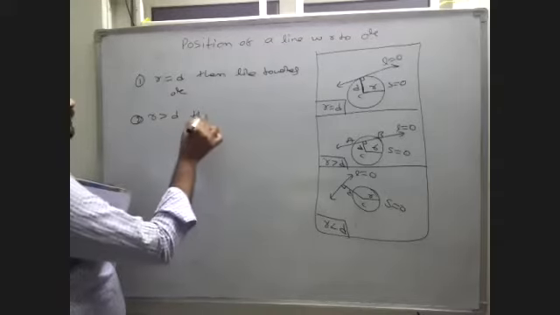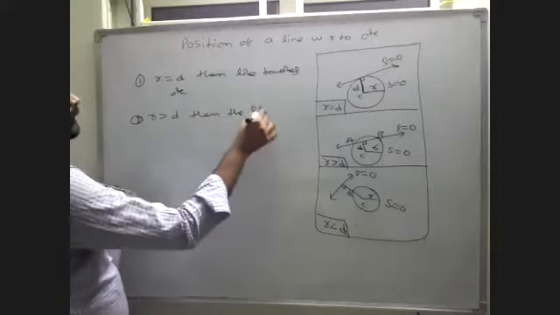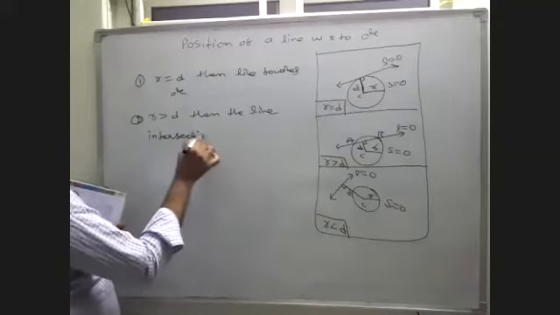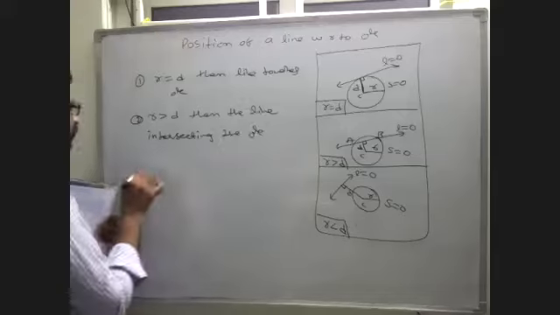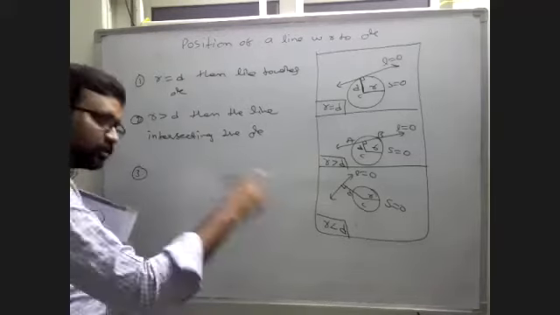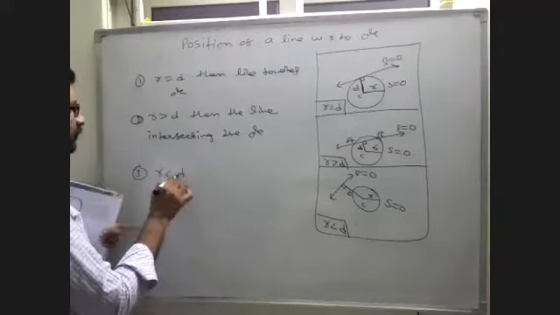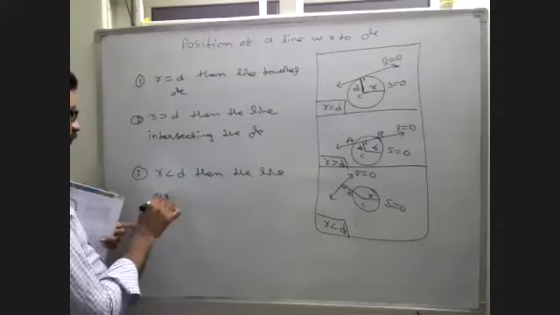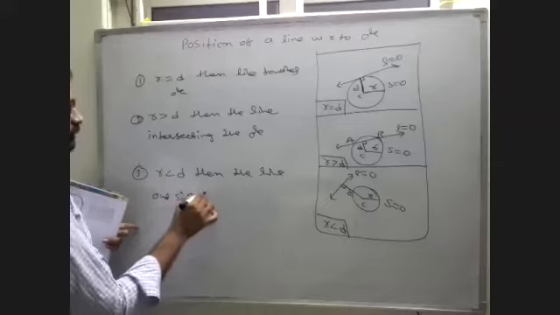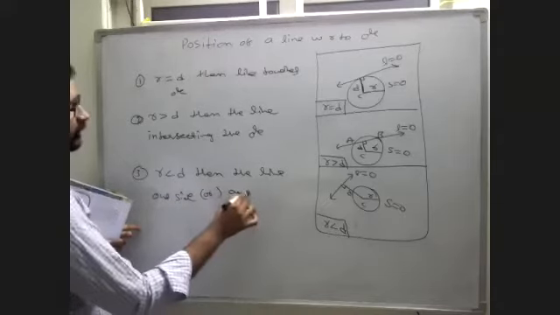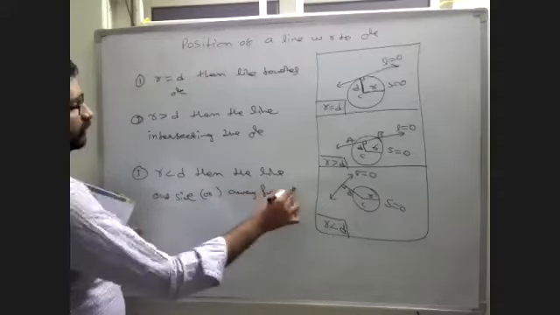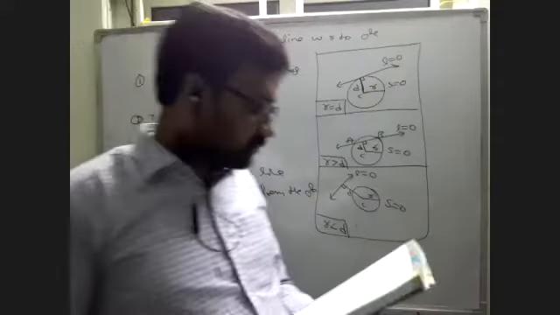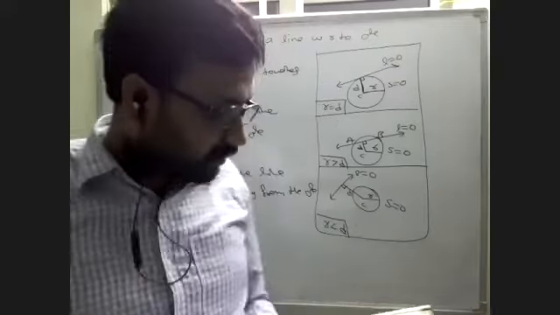R greater than D, then the line intersects the circle. And the third one: if a line is outside the circle, the condition is R less than D, then the line is outside or away from the circle. So these are the conditions, and let us see if there is any different condition. If D less than R, finish.